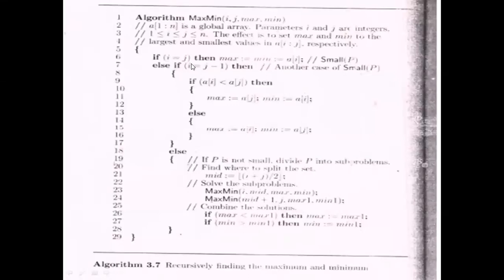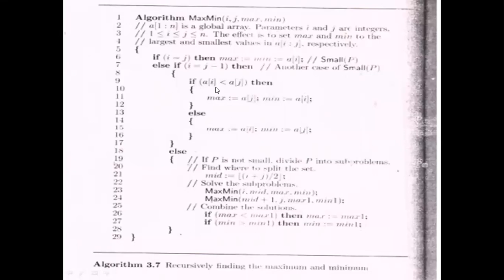Suppose the array has two elements, which we find by the condition i equal to j minus 1, or j equal to i plus 1. Then the total number of elements in the array is only 2, so by comparing the two values, one is the maximum value and the other is the minimum value.